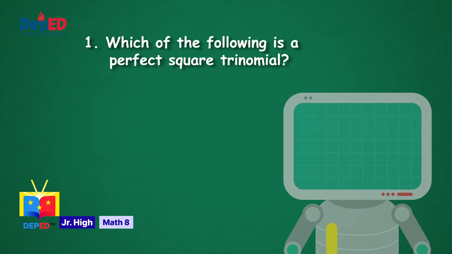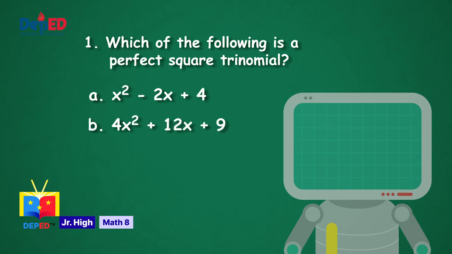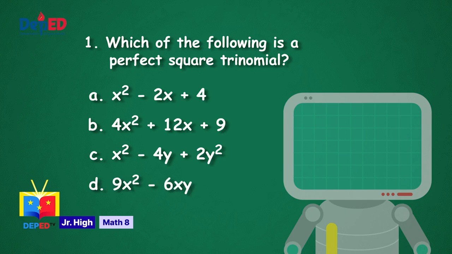Which of the following is a perfect square trinomial? Is it A, x squared minus 2x plus 4, B, 4x squared plus 12x plus 9, C, x squared minus 4y plus 2y squared, or D, 9x squared minus 6xy minus y squared?